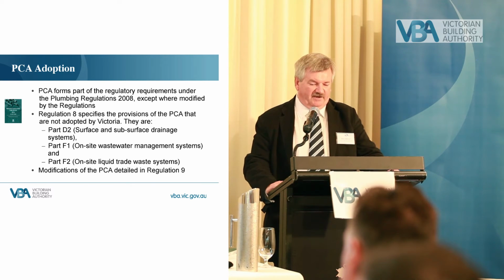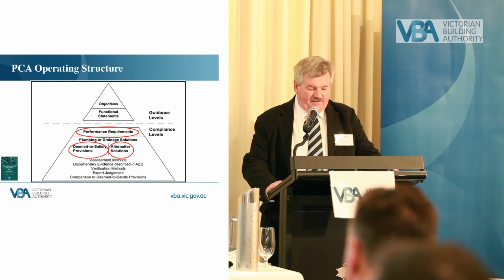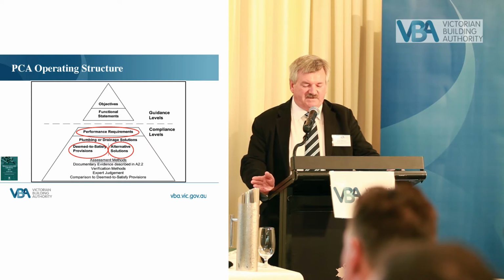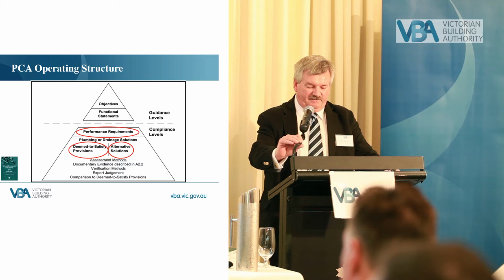Now the PCA operating structure. The previous couple of slides were about the document structure of the PCA. This diagram shows you how the operating structure forms and works. Basically, there are 2 levels to the structure.